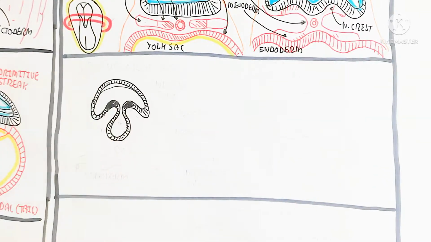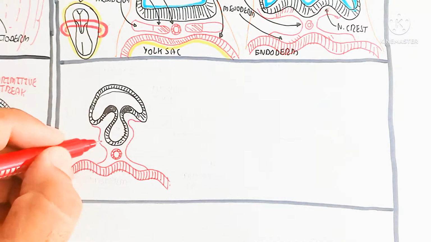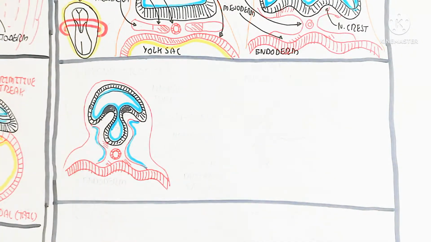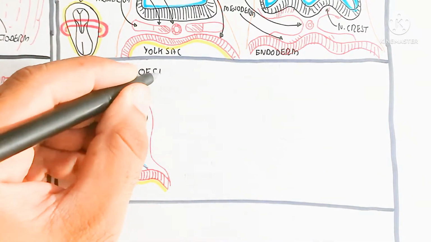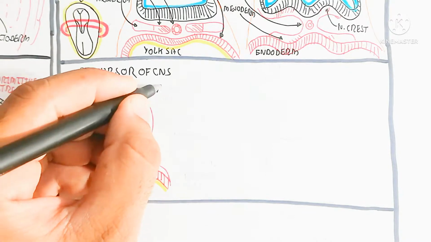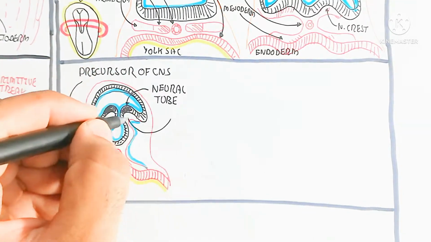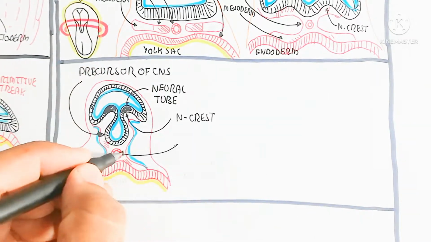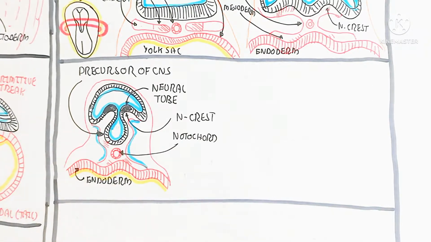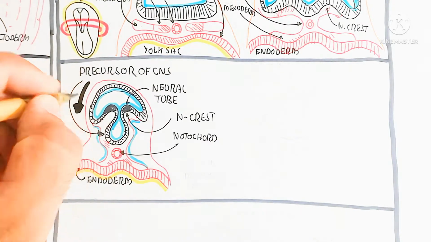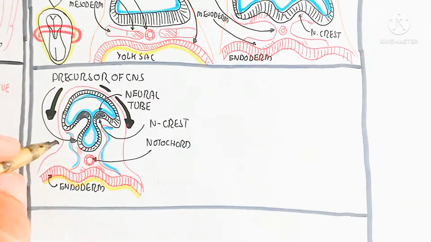Here the neural crest is formed. First you need to understand that the neural crest forms to create a neural tube. This neural tube extends from head to tail, and it also contains a node, Hensen's node. This is the precursor of the central nervous system.